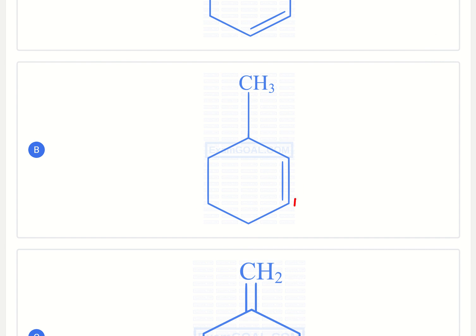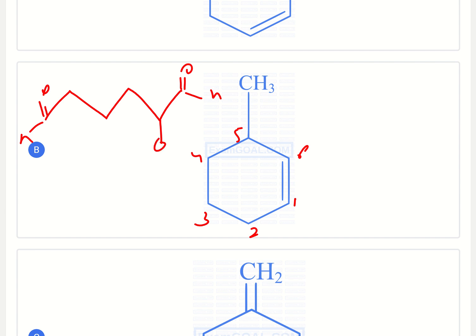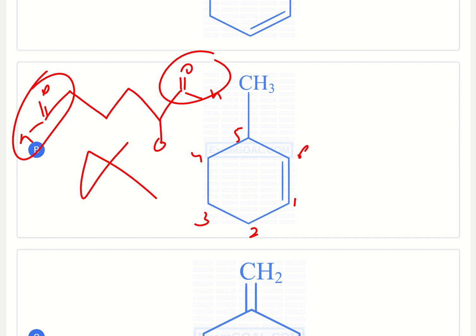So 1, 2, 3, 4, 5, 6 like this, with double bond O and H at both ends, and at carbon number 5 there is a methyl group. So I again got the aldehyde, which means B is also not my option.